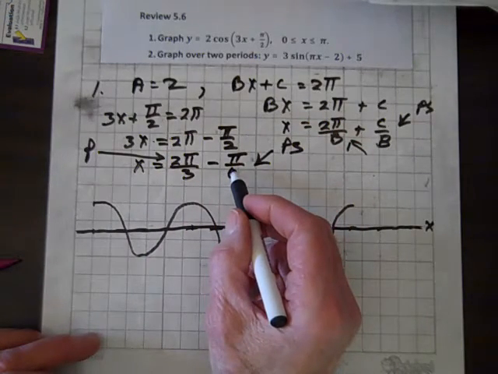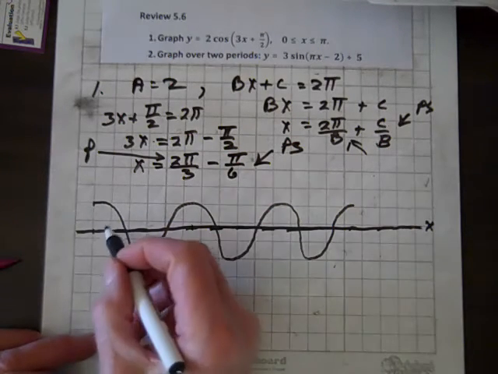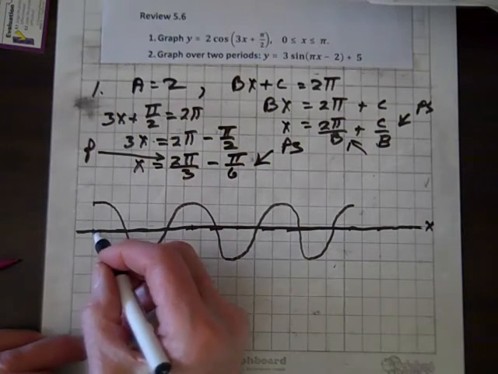We've got to shift the graph back pi over 6 units, or shift the vertical axis that was here ahead pi over 6 units.